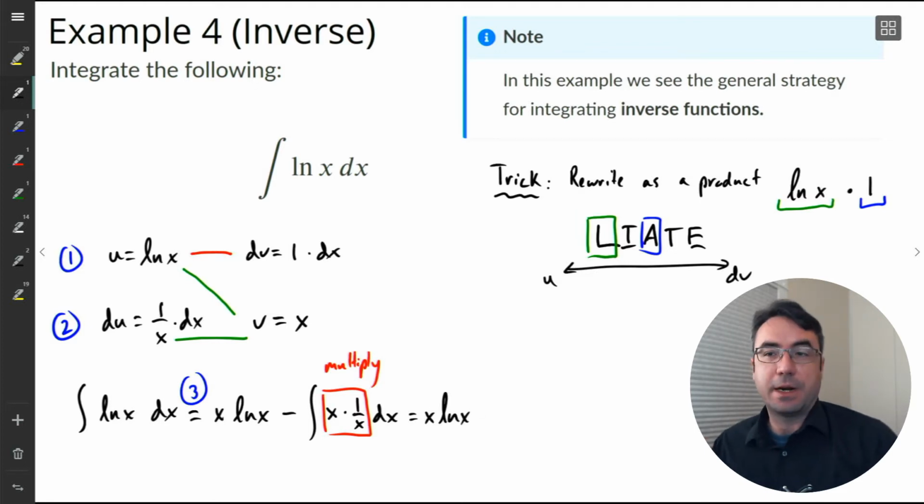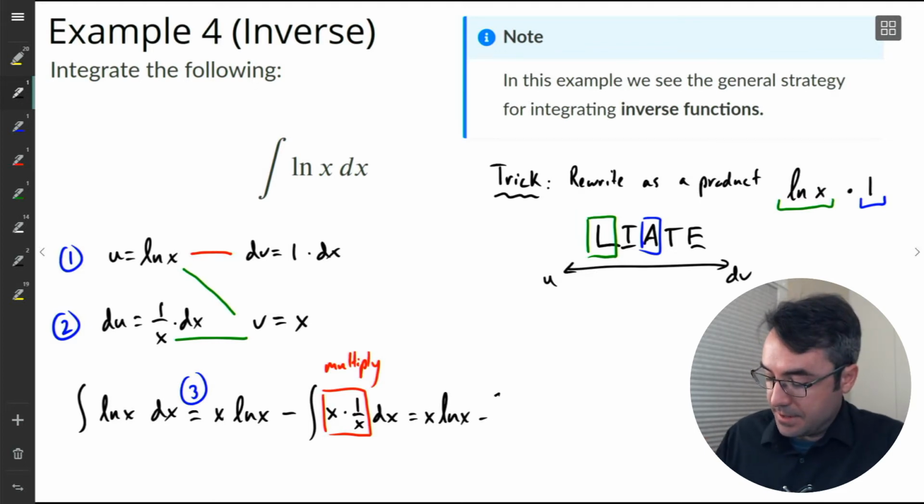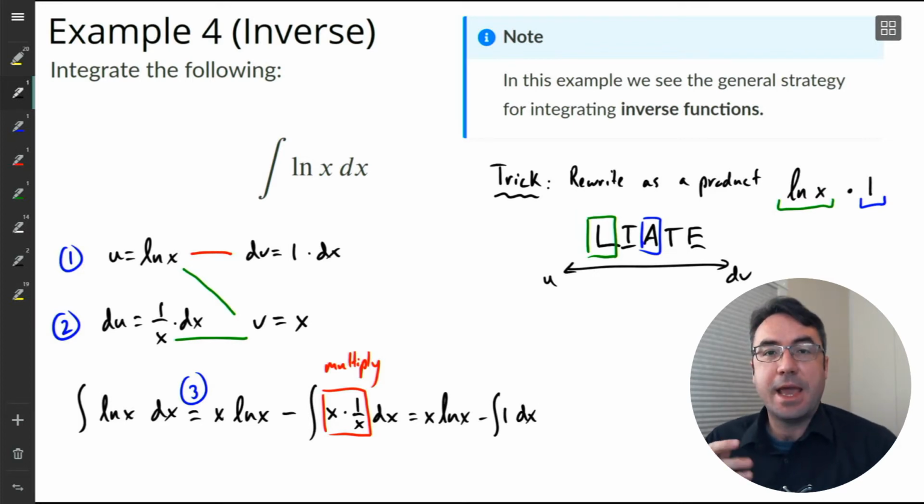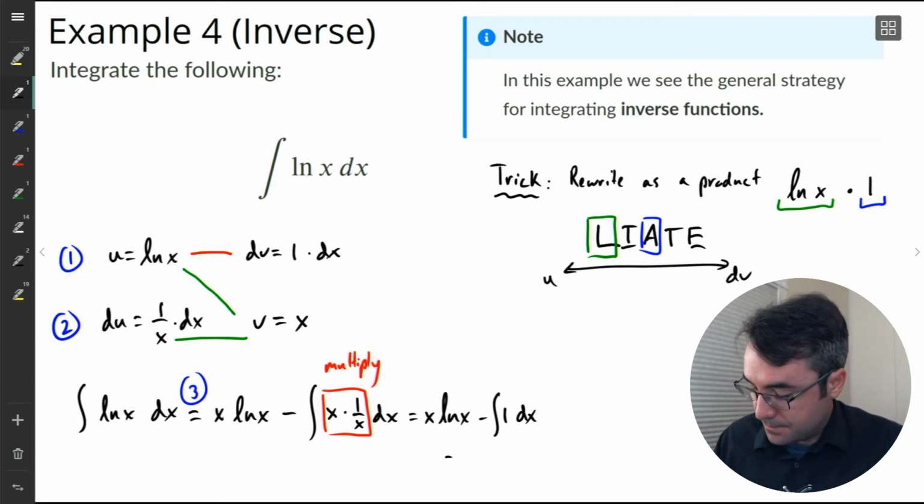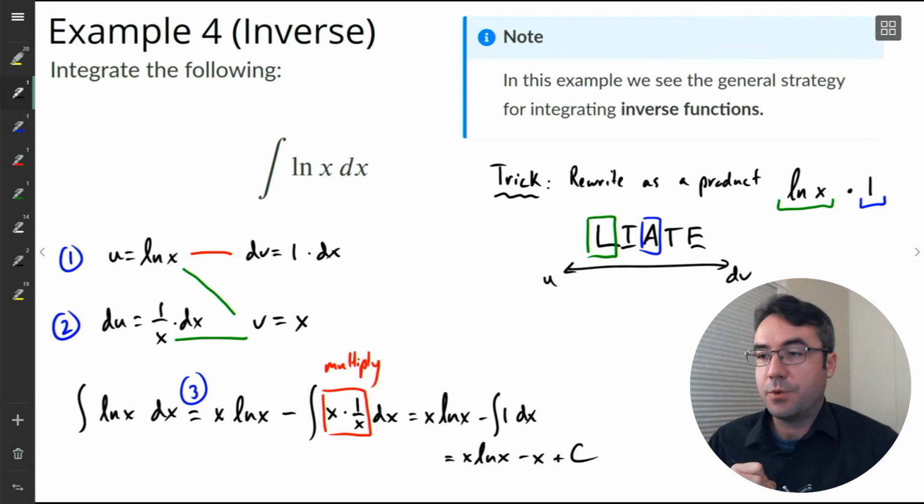We're done with that first part. Minus the integral of 1 dx. And the integral of 1 is 1 times x. So it's just x. And then we put our plus c at the end. And there we go. We have our antiderivative now.